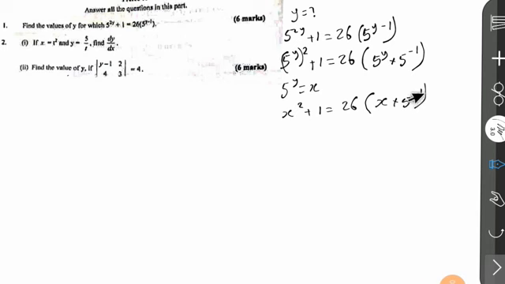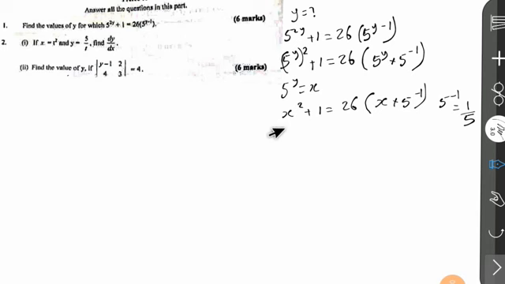If you still remember, this is the negative index law of indices: 5 raised to the power of minus 1 can be expressed as 1 over 5.